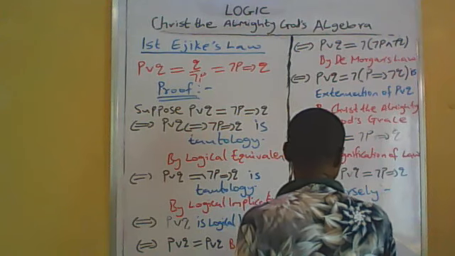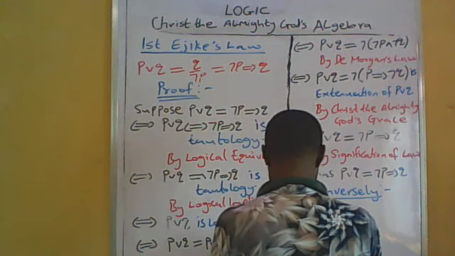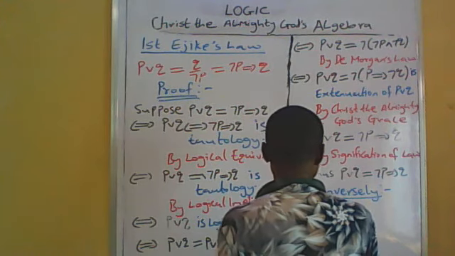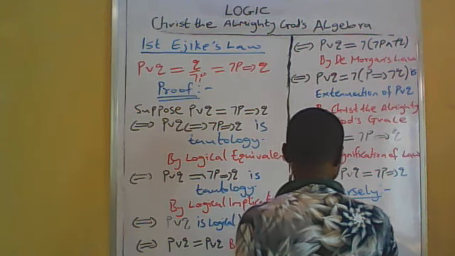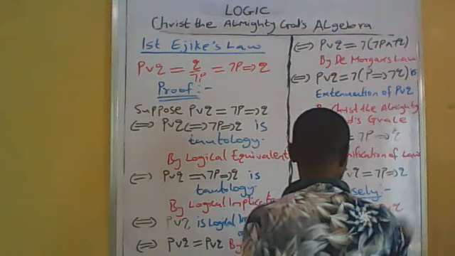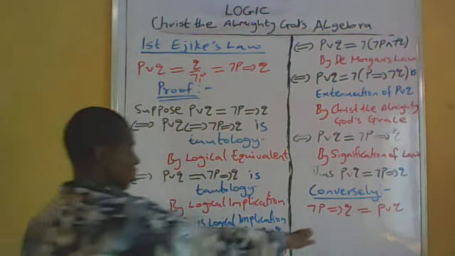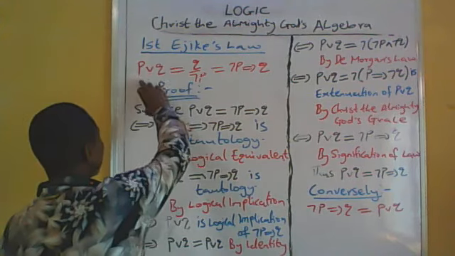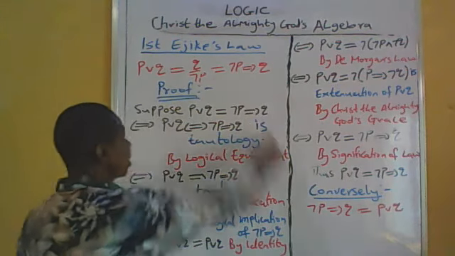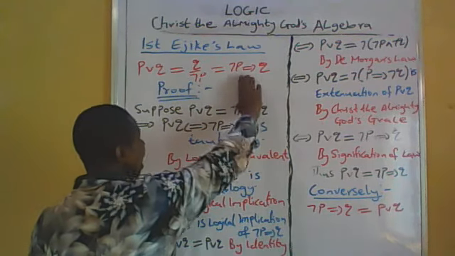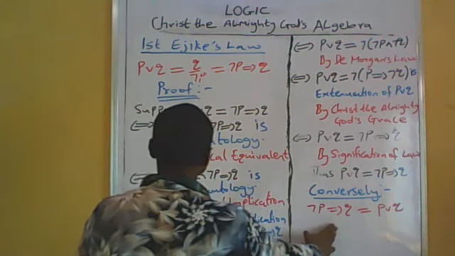Conversely, not P implies Q is equal to P or Q. Now this is the converse of P or Q equal to not P implies Q. You have seen that this not P implies Q at the right side of the equation has now become not P implies Q at the left side of the equation.